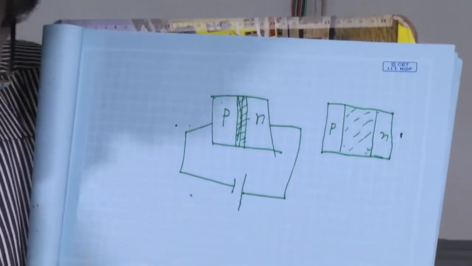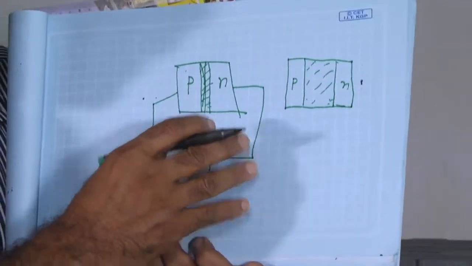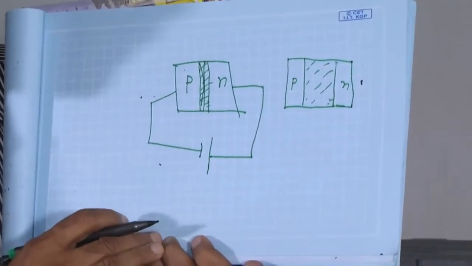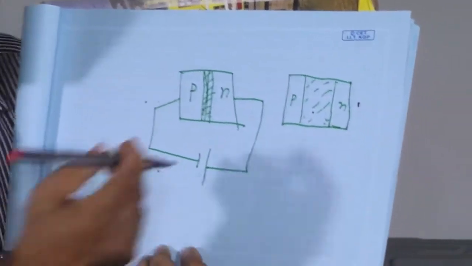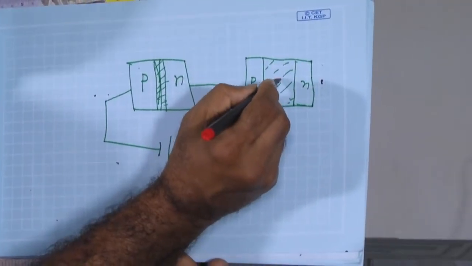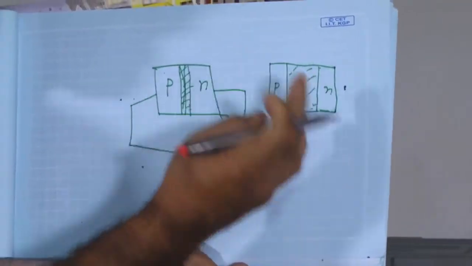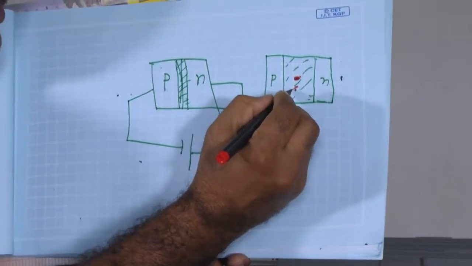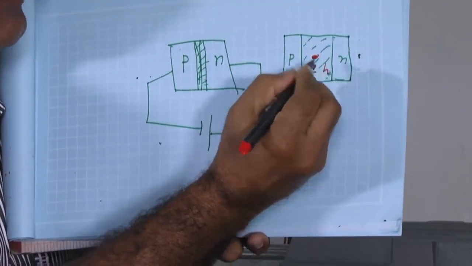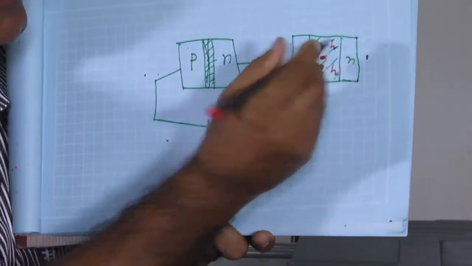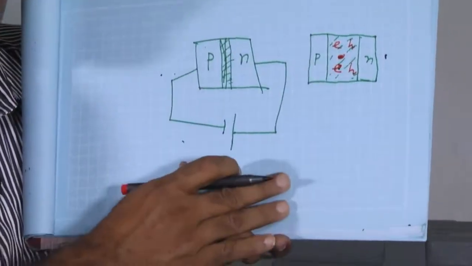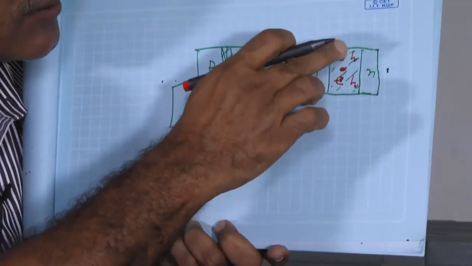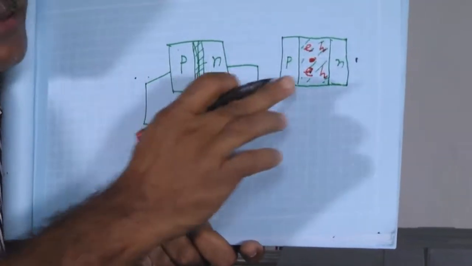When light falls on this diode, it will generate electron and hole pairs. How many it will produce is proportional to the intensity of light.